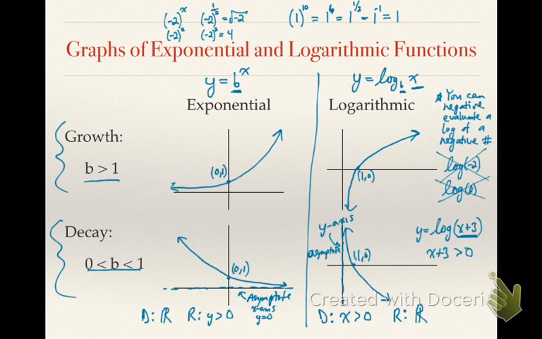The domain says whatever the input into the log is, it has to be greater than 0. So x plus 3 must be greater than 0, which means x has to be greater than negative 3. If I plug in negative 3, I get 0. Plug in negative 2, I get 1, so that's possible. You can take the log of 1. So that's just a little side note about logs.